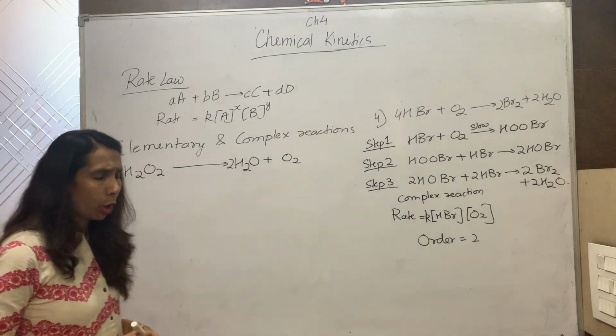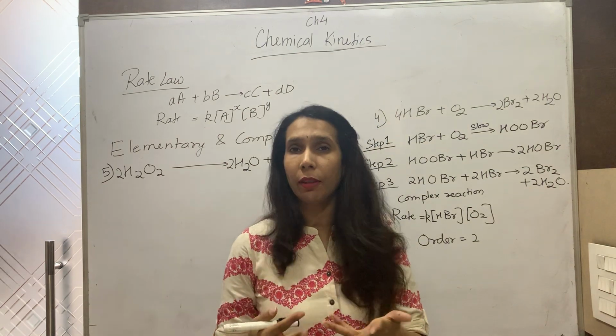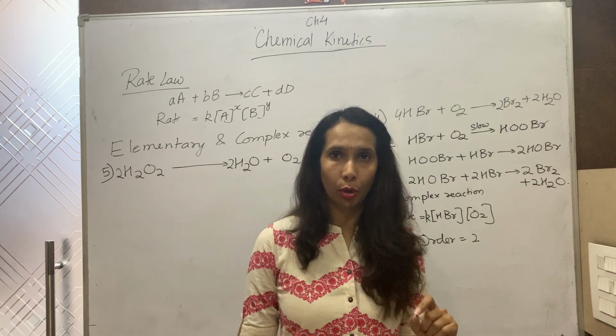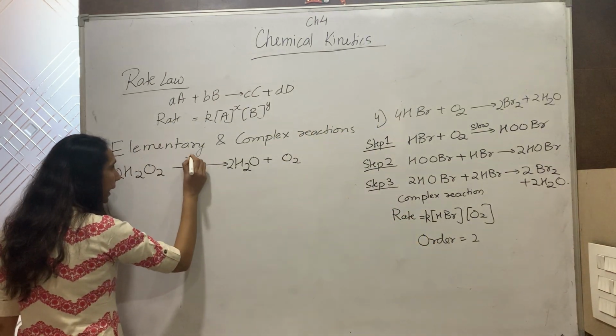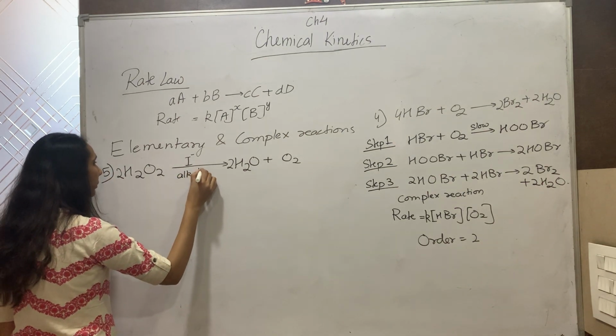H2O2, hydrogen peroxide, if it is kept in a container, by itself slowly decomposes to give water and oxygen. But this reaction is catalyzed by I negative, iodide ion, in the alkaline medium.